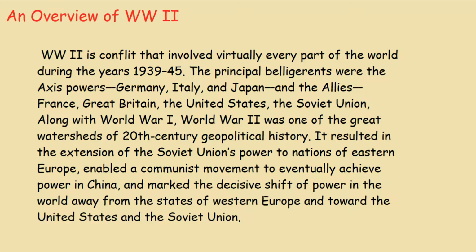You should know that both World War I, or the First World War, and the Second World War were one of the great watersheds or terrible events that human beings had to endure during the 20th century.